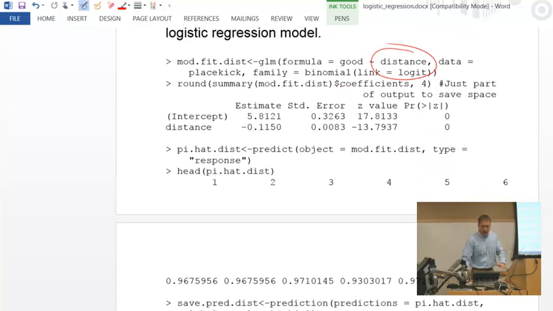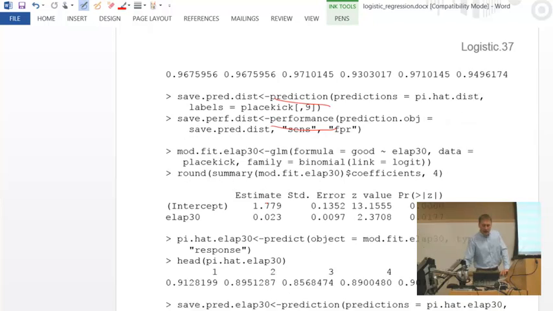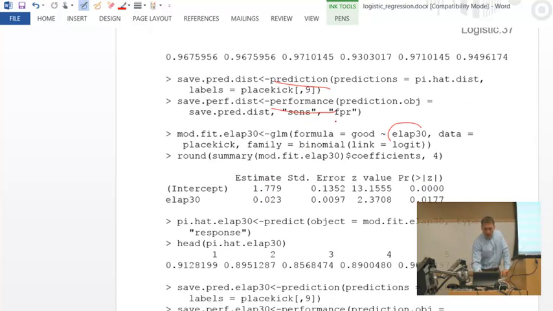I get my pi hats as we've done before as well, and put the results into pi.hat.dist. Then I can go through the same process, use the prediction function, use the performance function, and then, as I will show you shortly, I'm going to use the plot function to actually plot the ROC curve for this particular model.